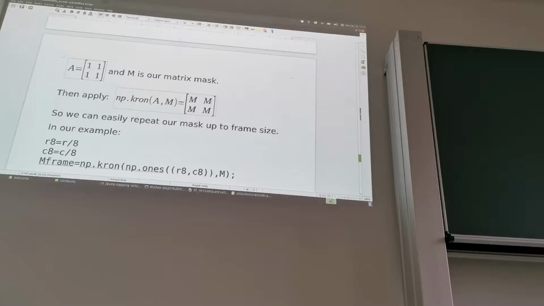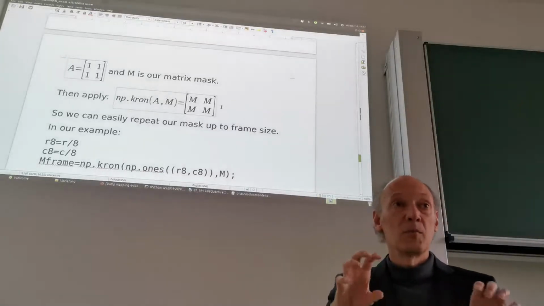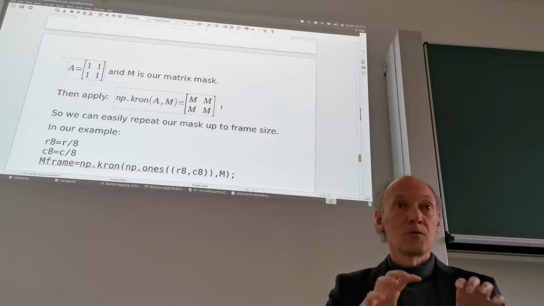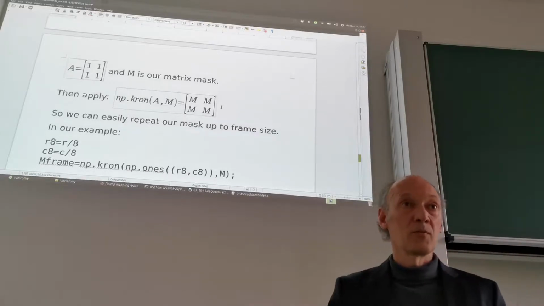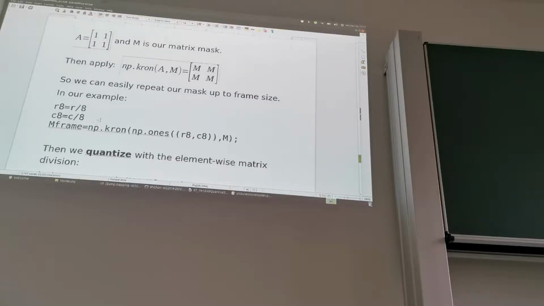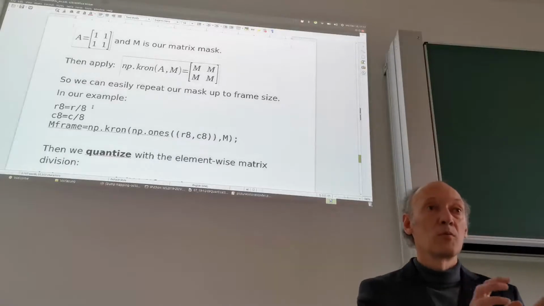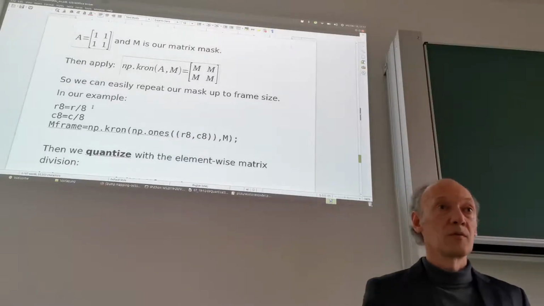In this way, we get a large matrix as big as our image, filled up with those 8x8 size masks. So we have many masks of the size of the image now. We just need to have the right size matrix A, and it's easy to see that this just needs to have the size of 1/8 of the rows and 1/8 of the columns, because it will be blown up by a factor of 8 by the mask matrix.